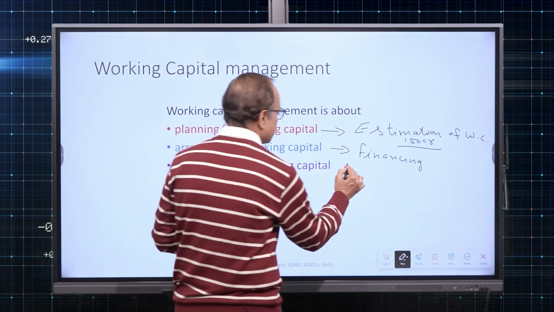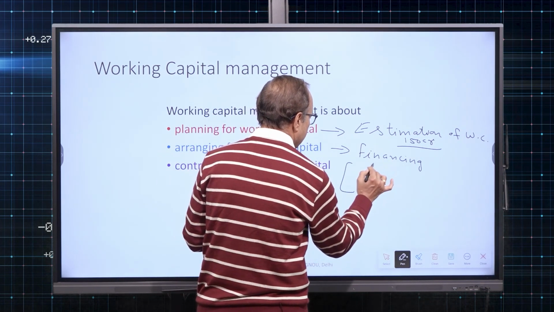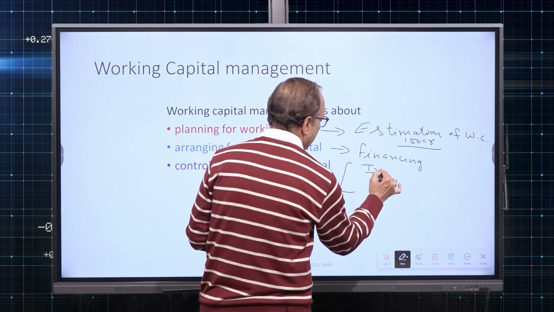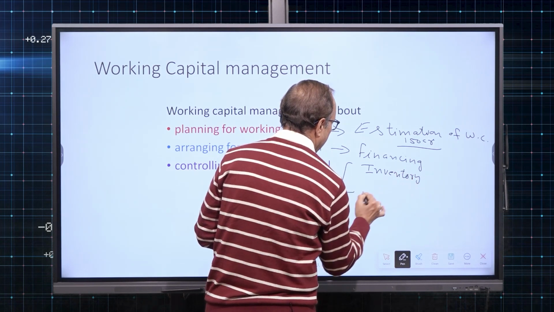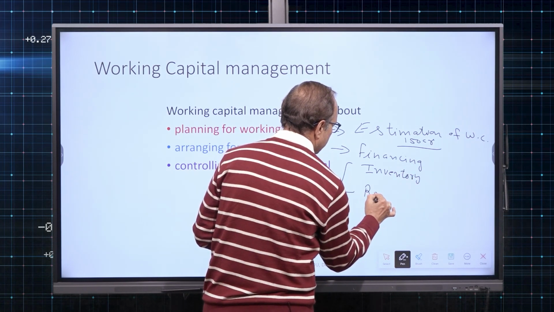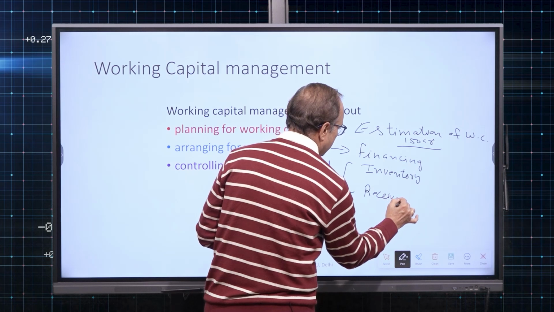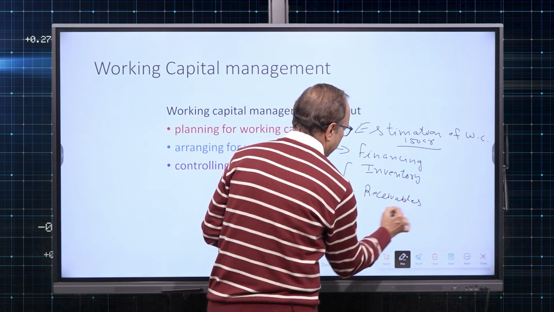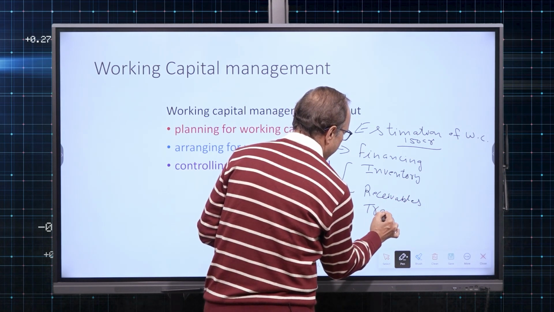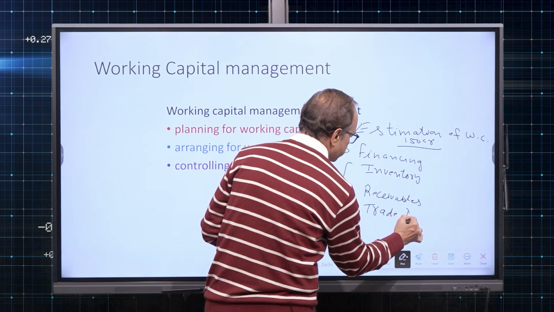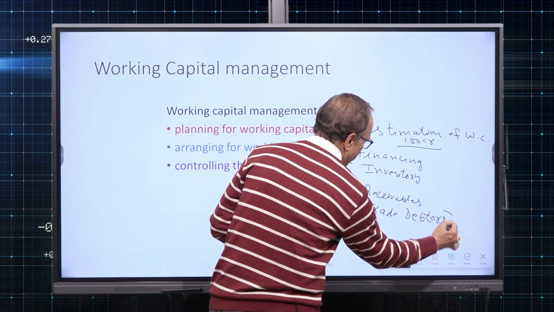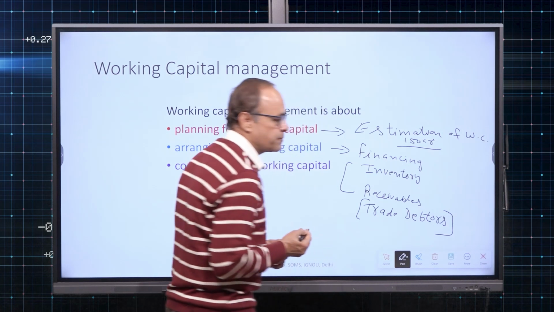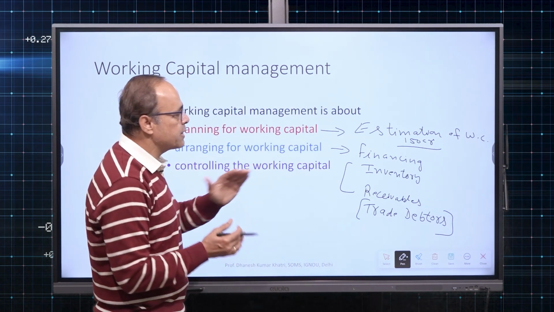So, under the control aspect, we will have prominently inventory control and receivables control. Inventory and receivables, which are known as trade debtors. So, this will be the complete coverage.